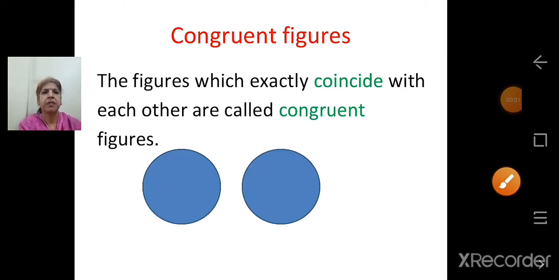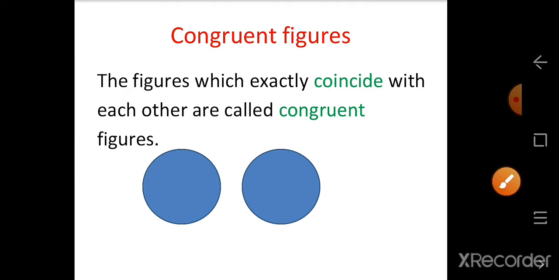Look at these figures. These are circles. And if you observe properly, you can say they are congruent. Now congruent means the figures which exactly coincide with each other are called congruent figures.